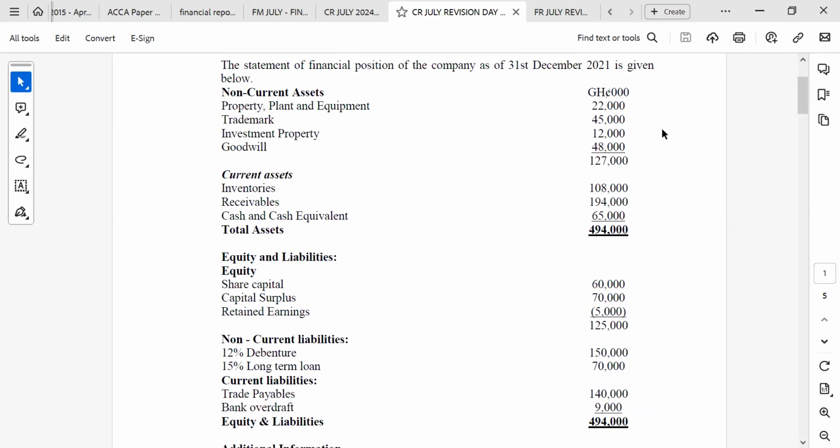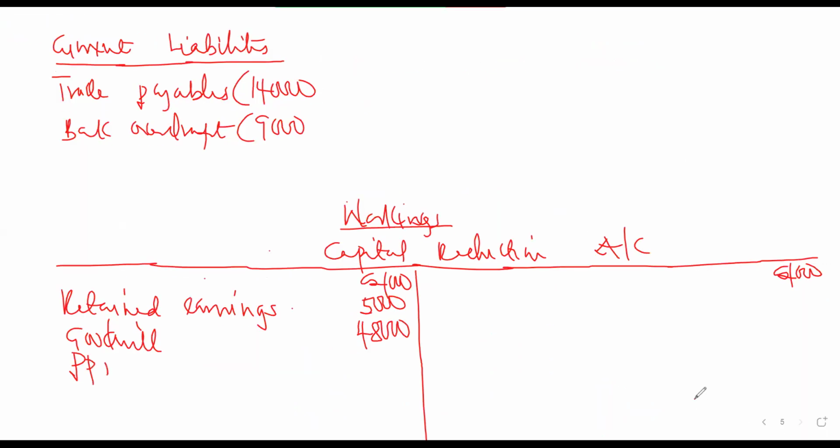15,000. But the actual book value is how much? 22,000. Increase or decrease? Decrease. And that will be a loss, isn't it? 7,000. Okay, so there will be a loss of 7,000. So you bring your property, plant and equipment here. If you like, you can put 22,000 minus 15,000.